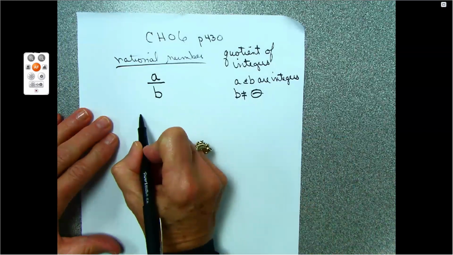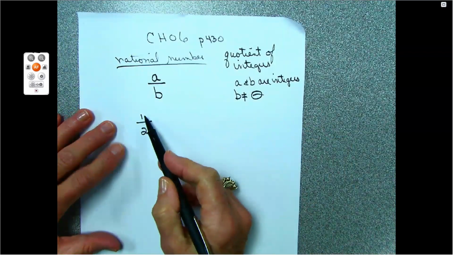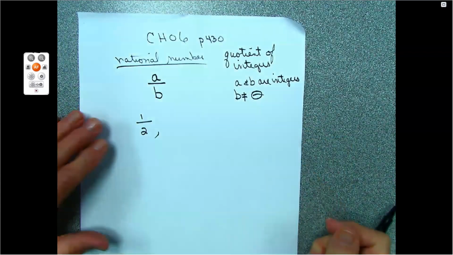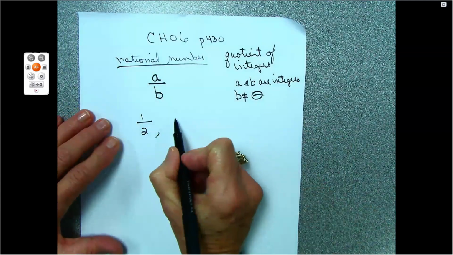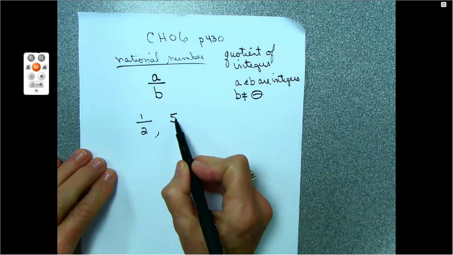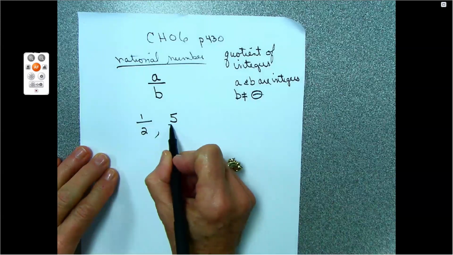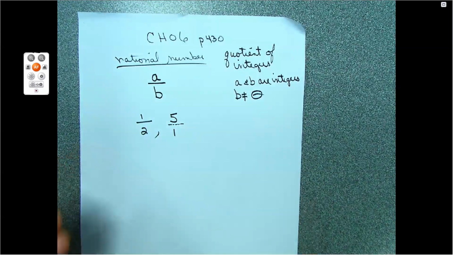So a rational number, let's see an integer, 1 over 2. 1 is an integer, 2 is an integer, so that's a rational number. How about 5? That's your whole number, counting number 5. Does it qualify as a rational number? Well, there's an integer in the numerator. What about the denominator? Over 1.